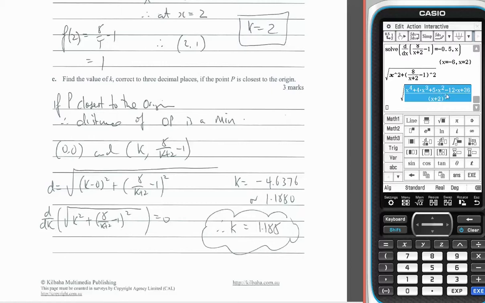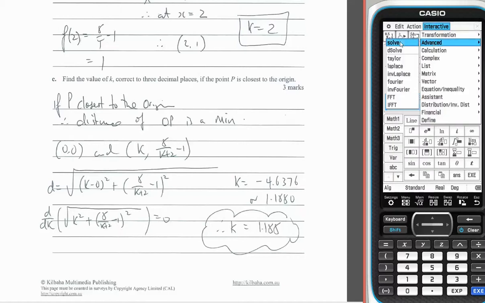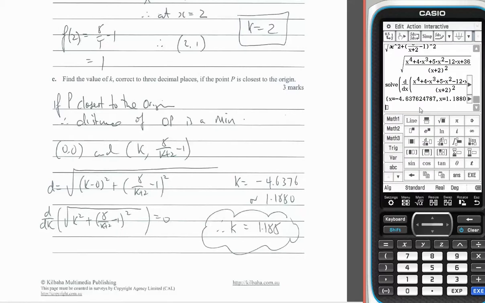Okay, so that's what's under there. I need to take its derivative with respect to x, set it equal to 0, and solve for x. It gives me minus 4 and 1.1880. Since k is between 0 and 6, 1.188 is my answer for k.